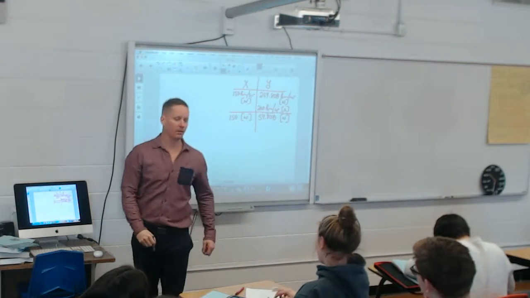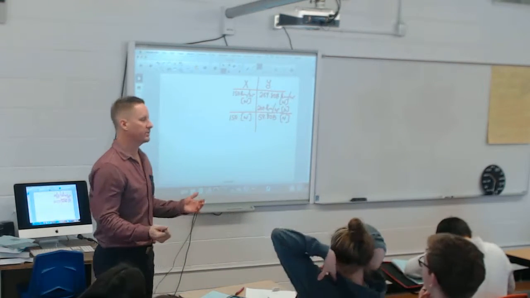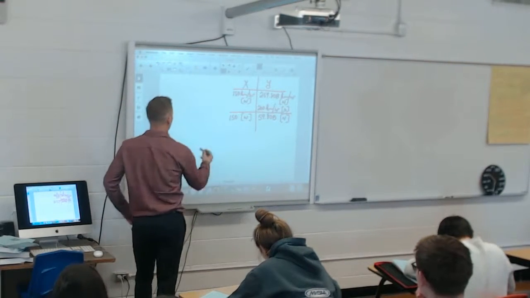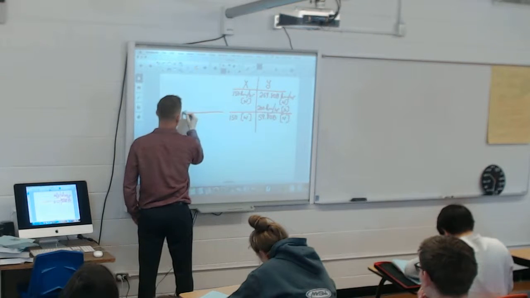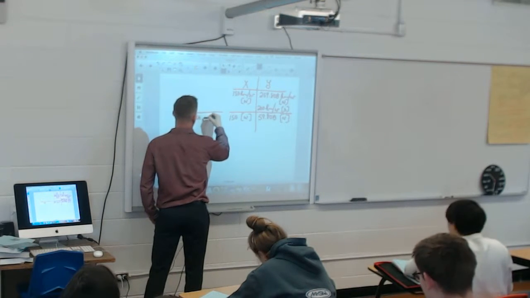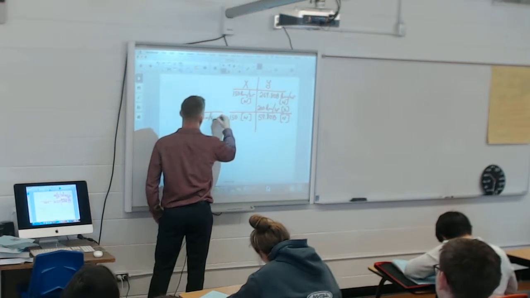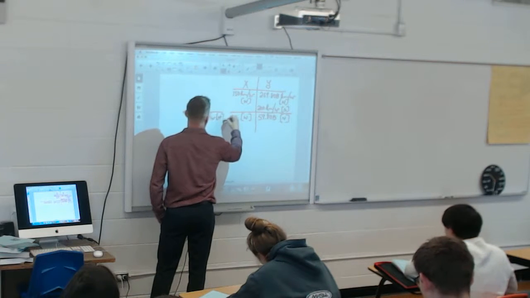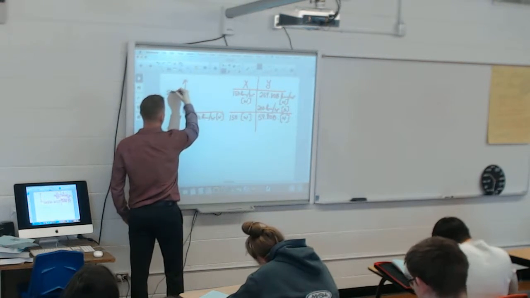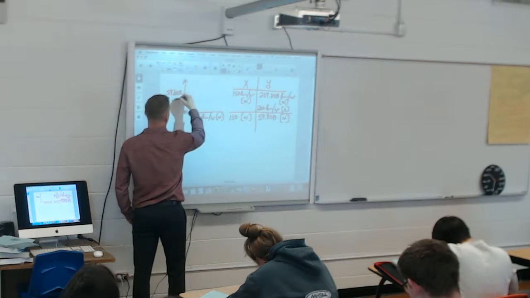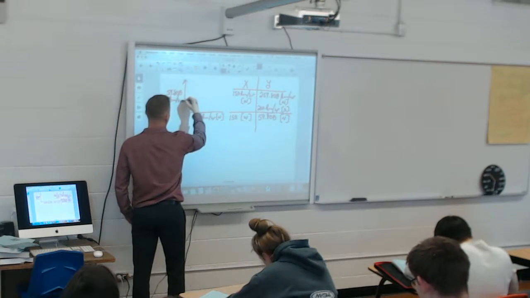So now I can draw a right triangle and solve this whole question using a right triangle. I want to go 150 to the west, and I'm going to go 59.808 to the north.